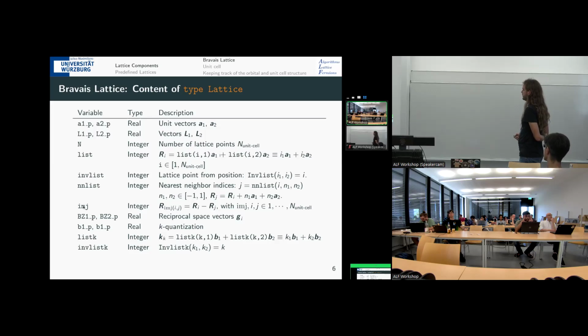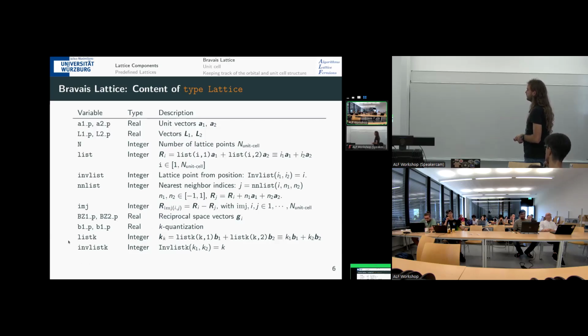There's also an IMJ array, which we use for calculating and saving correlation functions. If we have locations RI and RJ and the corresponding integers, then IMJ of I, J gives the index of the difference of those two locations, which is what is most interesting in a translation invariant lattice.